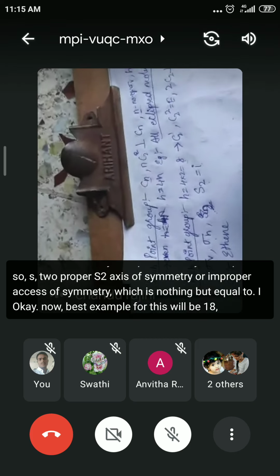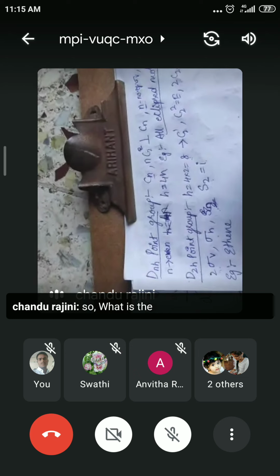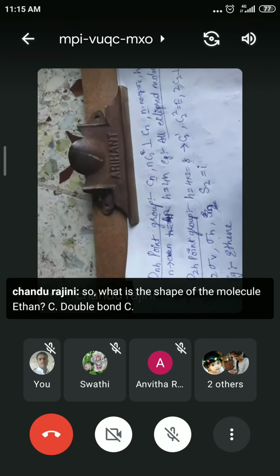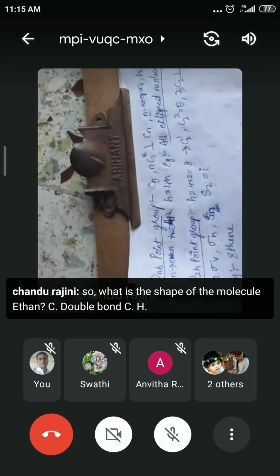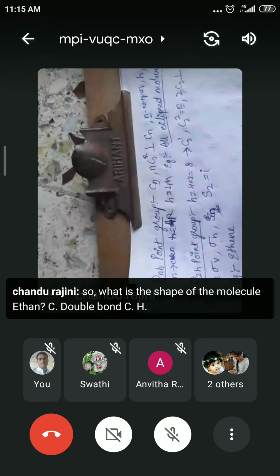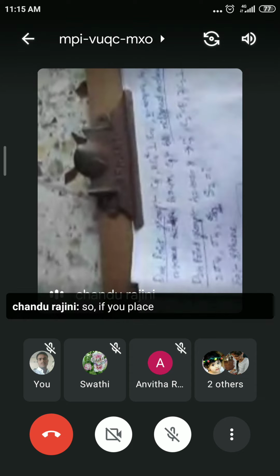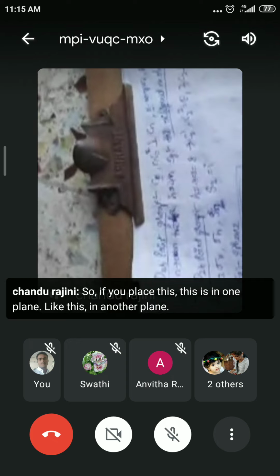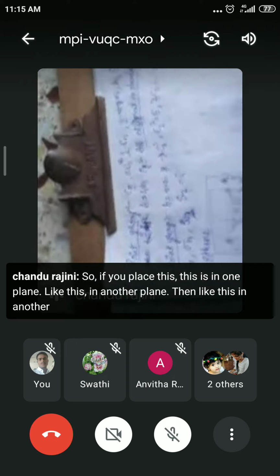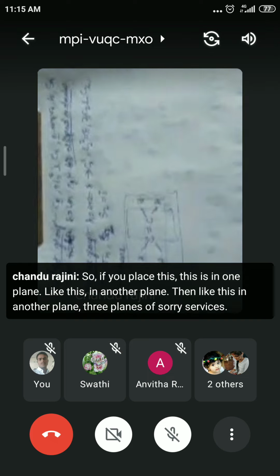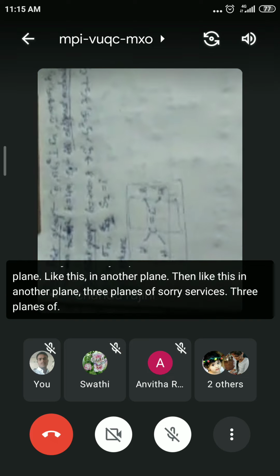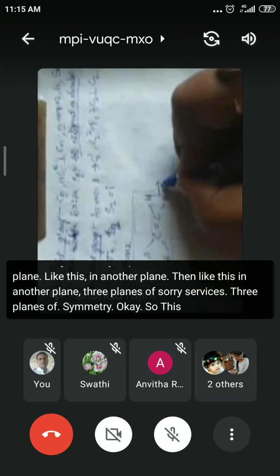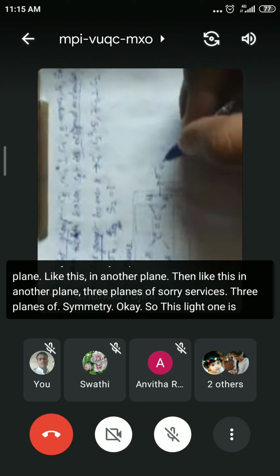So what is the shape of the molecule ethene? C double bond C, with H, H, H, H. If you place this in one plane, like this in another plane, then like this in another plane, three planes of symmetry. This one is sigma v.